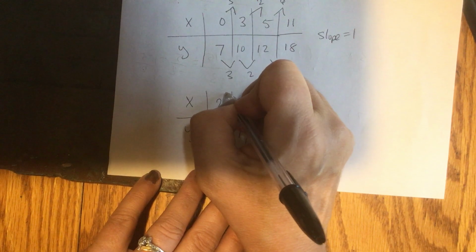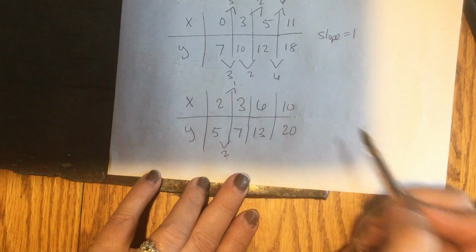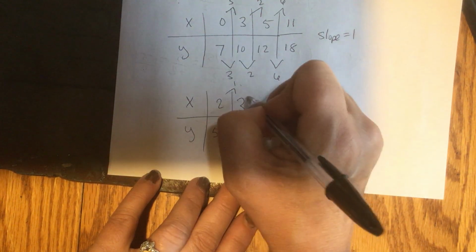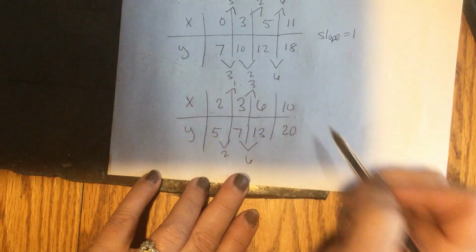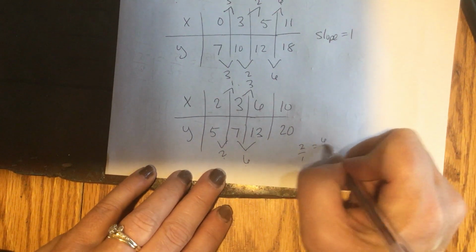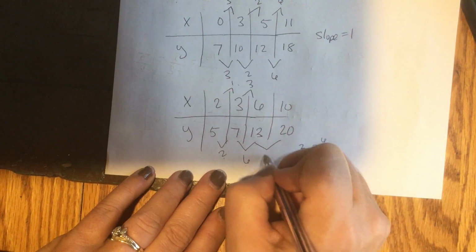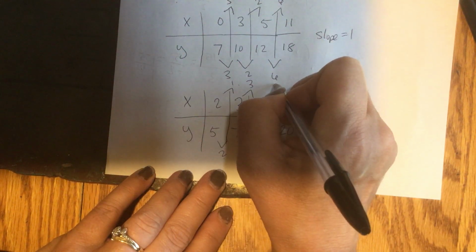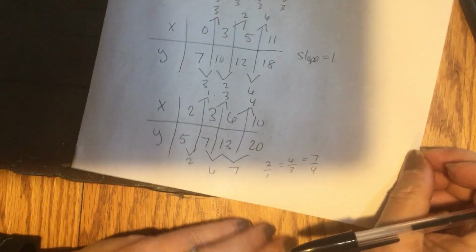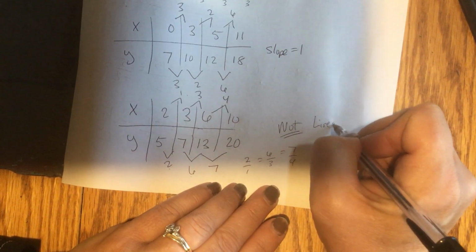So this goes up 1, and this goes up 2. 2 divided by 1 is 2. If I go 7 to 13, that's 6, that's 3. 6 divided by 3 is also 2. So I've got 2 divided by 1 and 6 divided by 3. That's the same ratio. But if I do 13 to 20, that's 7. 6 to 10 is 4. 7 divided by 4 is not the same, so it's not linear. So this one is not linear.